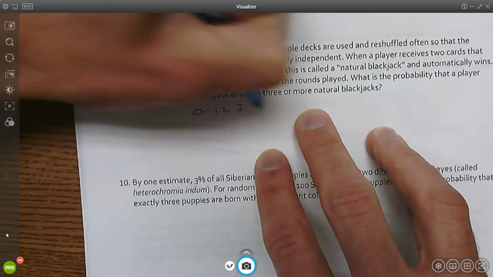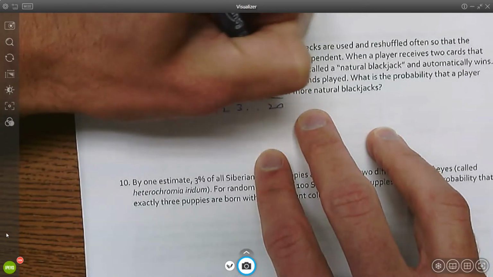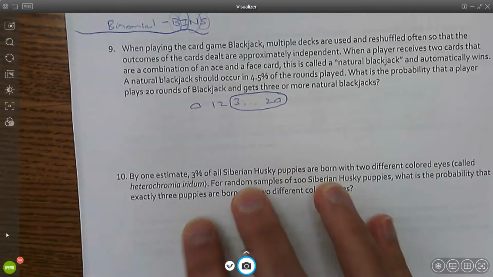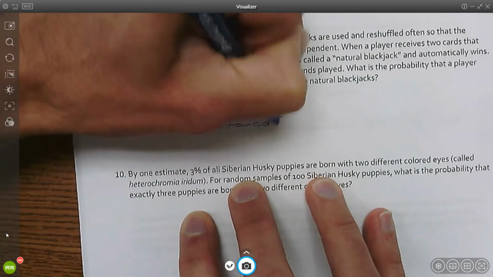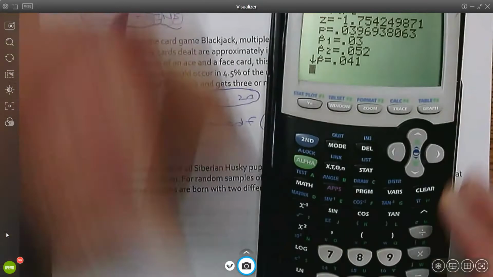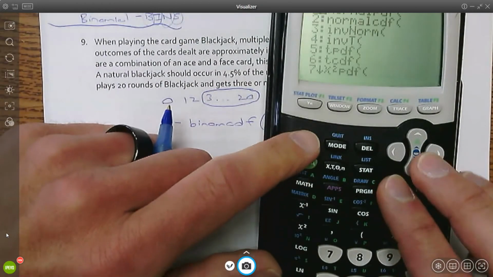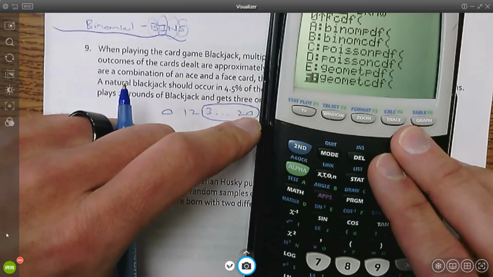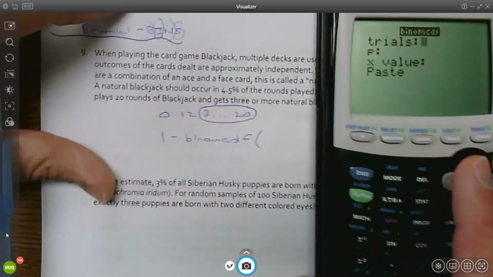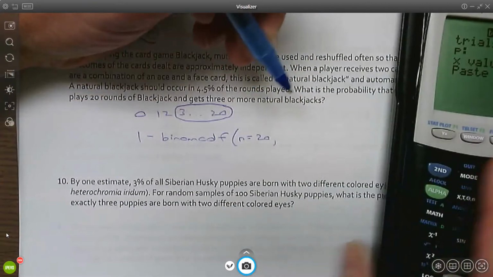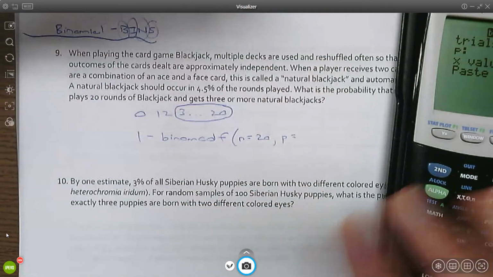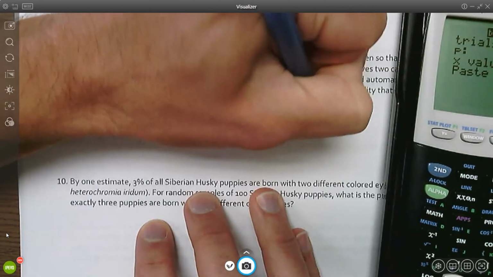So if they play 20 times, and we're talking 3 or more, it would be that. So I have to do 1 minus binom CDF here. So in the calculator, 1 minus, this is under second VARs, binom CDF. Trials, you're going to have to label these N. N is 20. The probability they get blackjack is 0.045.